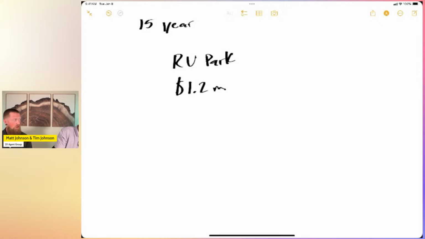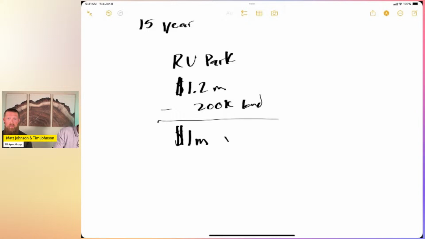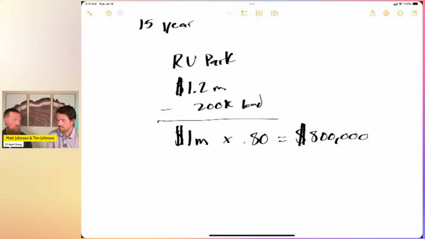You have $1 million of depreciable asset there. If 80% of that property falls under the 20-year depreciation schedule, $800,000 of that could be depreciated in year one, assuming it was placed into service between the end of 2017 and 2022.